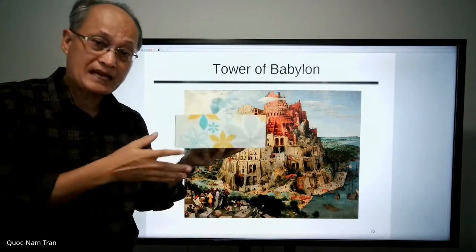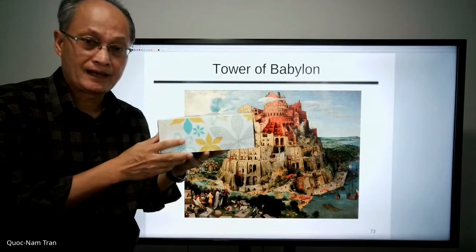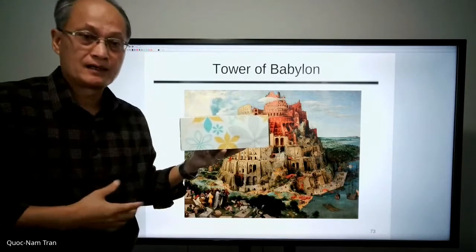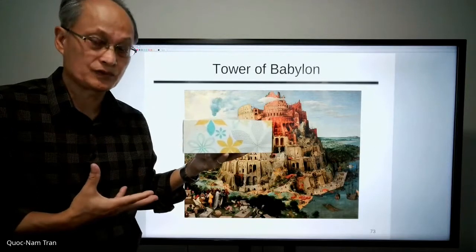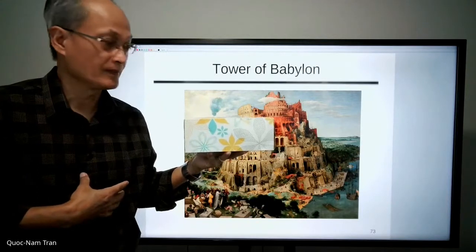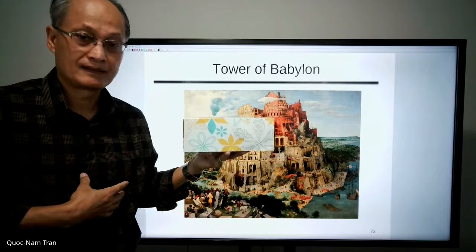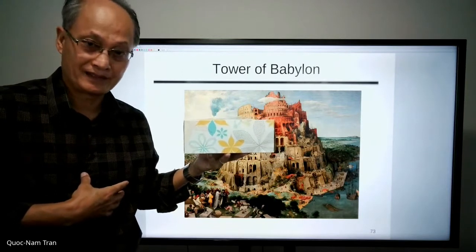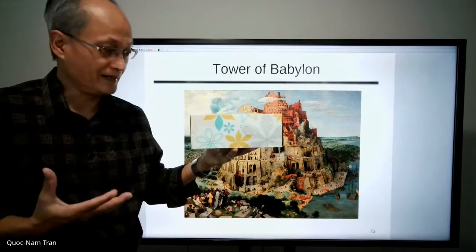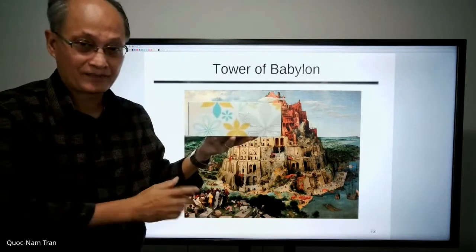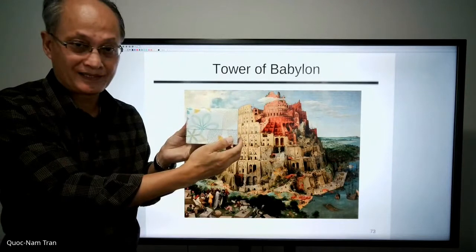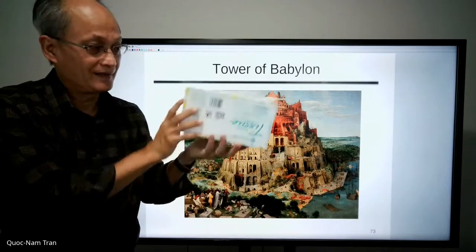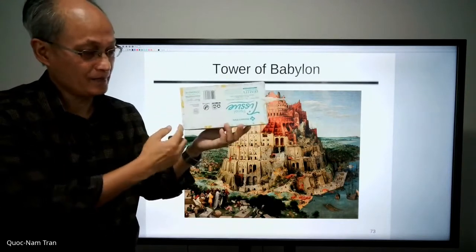So with one type of block, how many different positions can we use? Six. Okay, very good. What are they? Here's one, same height. Here's two, and then this one is the height.